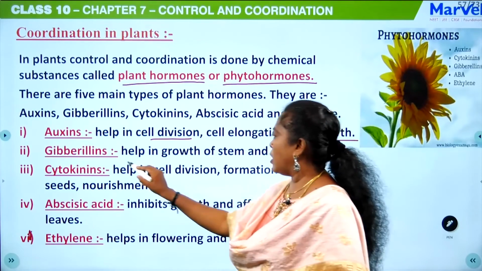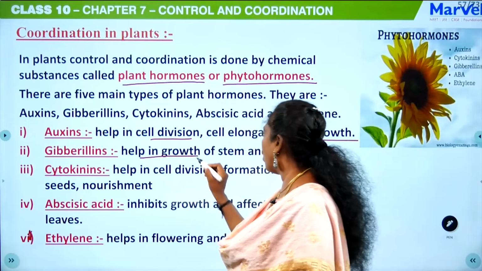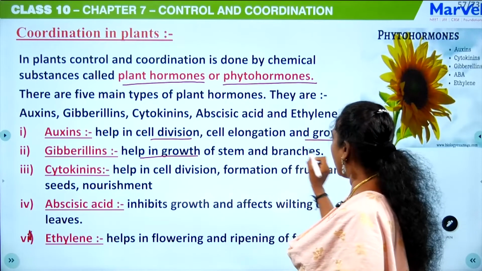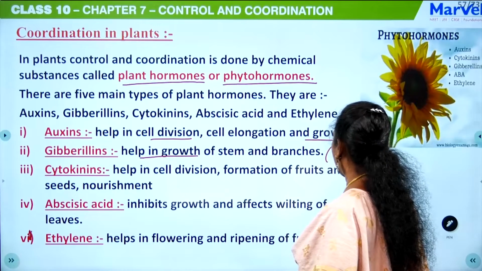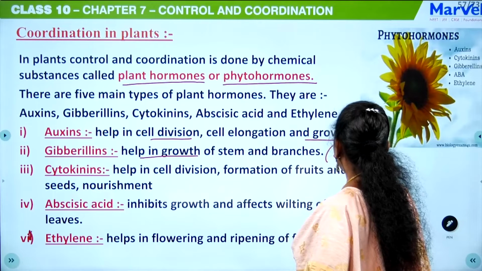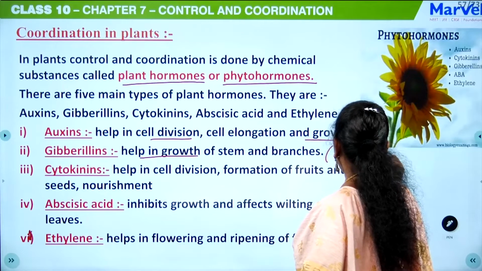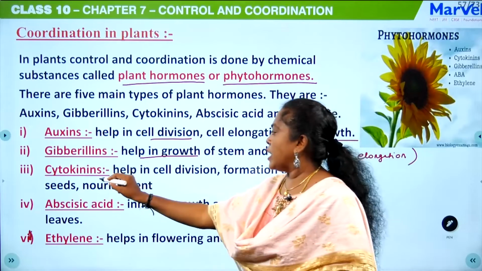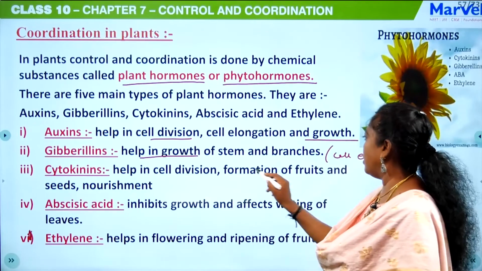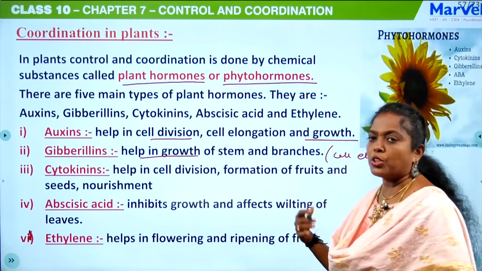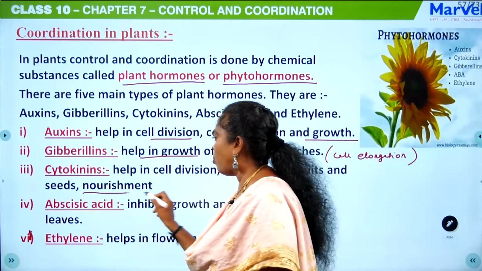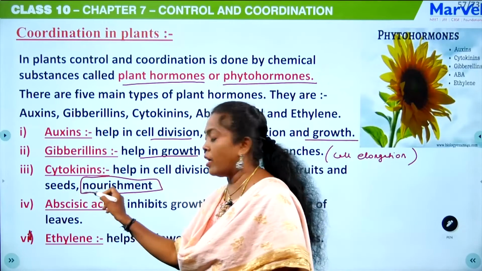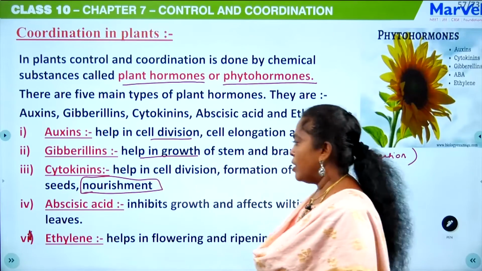Gibberellin will also help in growth, but the elongation part will particularly come from gibberellin. Cell elongation by gibberellin. Then cytokinins help in cell division, formation of fruits, and nourishment. The key word for cytokinin is nourishment.